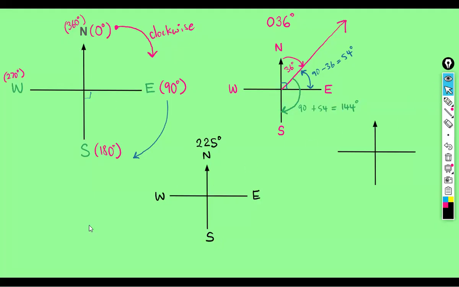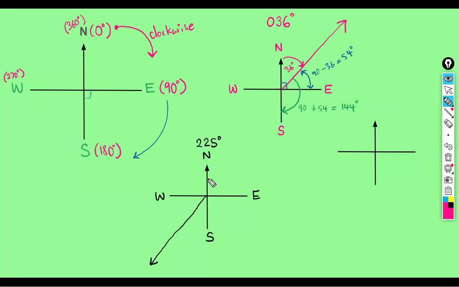Now, won't 225 be in between 180 and 270 because you're starting from north and you're spinning clockwise? So remember, it's just an approximation, right? 225, I think, will be somewhere around here.